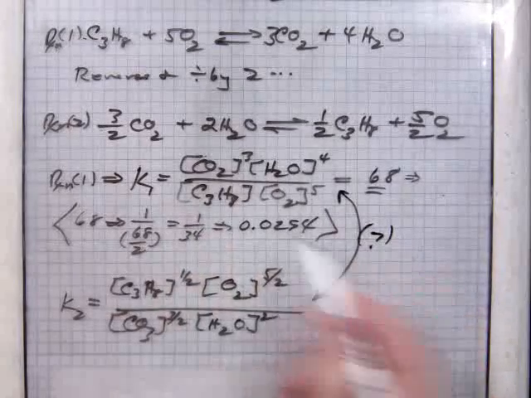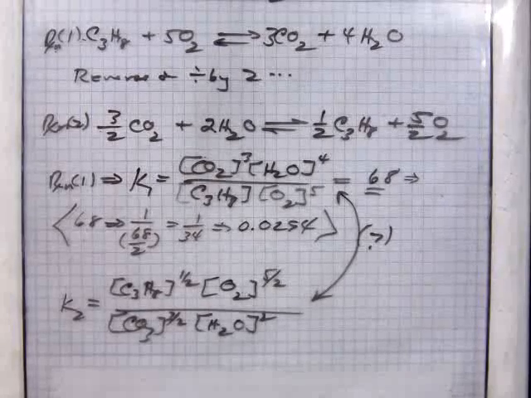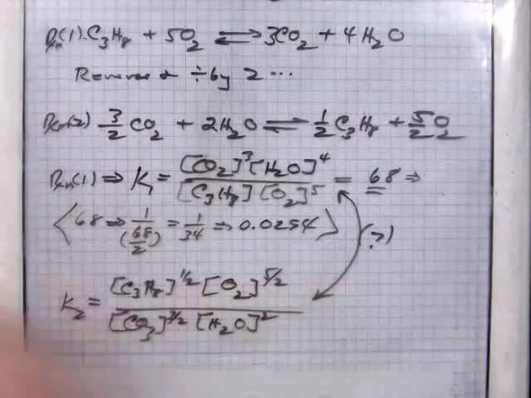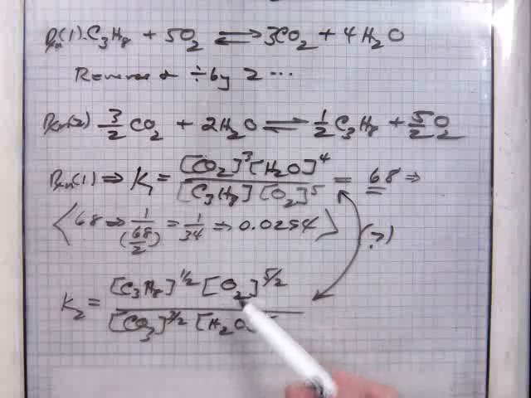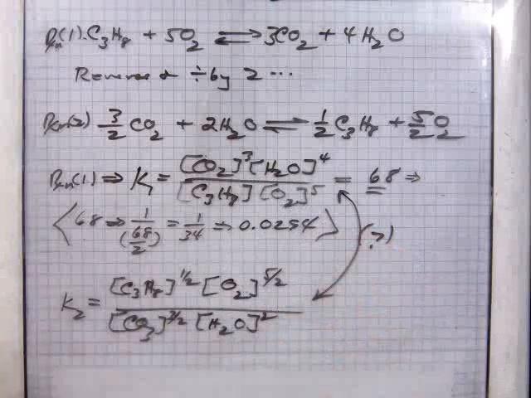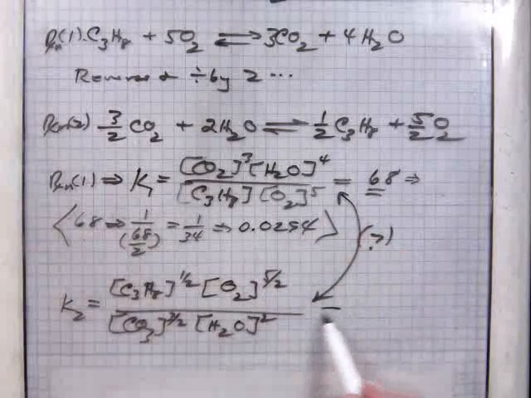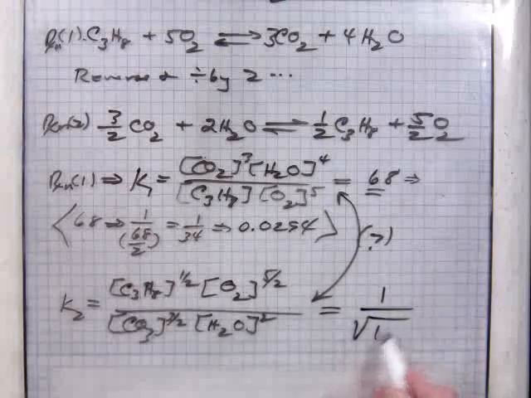Now look at K1 and K2. How would you go from K1 to K2? Did I get that right? Yeah, I flipped it over. It's the reciprocal right here. So what did I do to get from here to here? Could it be something like 1 over the square root of K1?